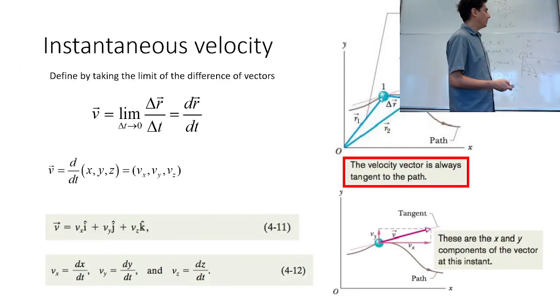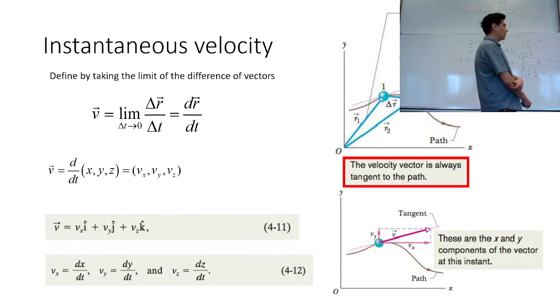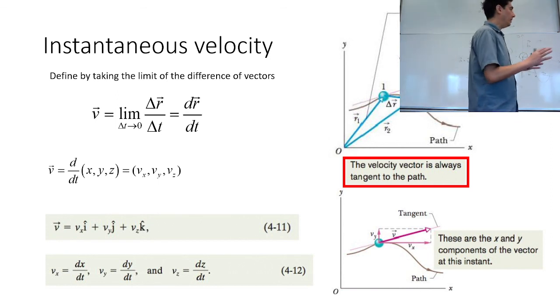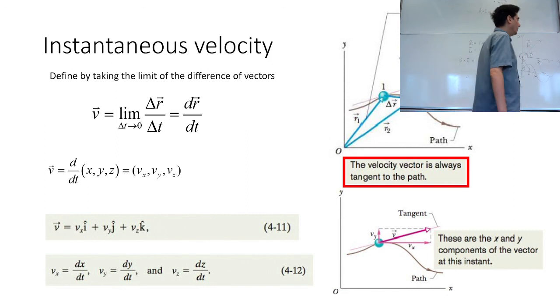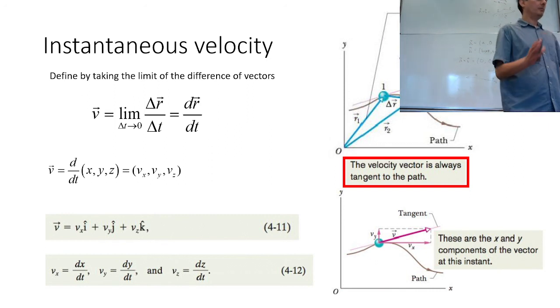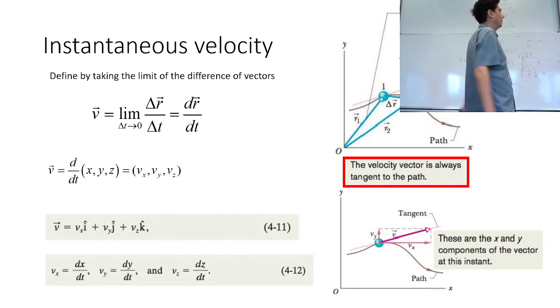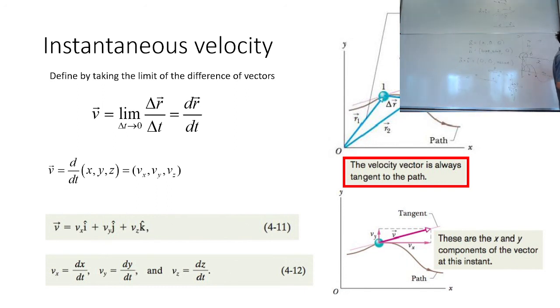What did I miss here? Oh yeah, instantaneous velocity is, of course, the velocity that it's moving at exactly that moment in time. Definition-wise, it's the limit as you look at two extremely close together time intervals, or simply a derivative of this vector.